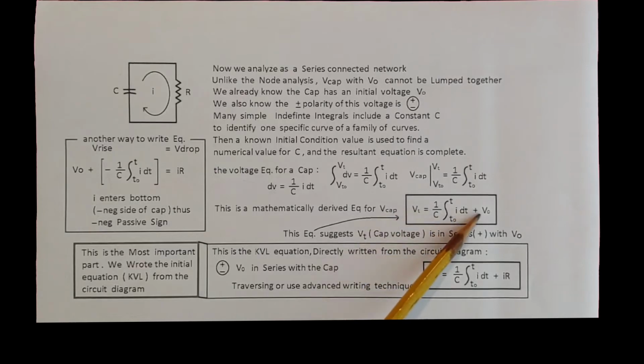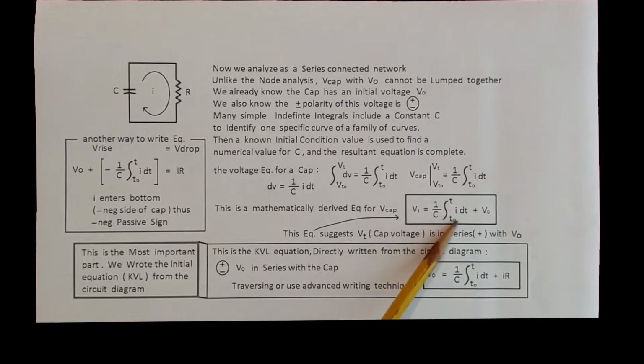We can move V(t0) to the other side, so it's going to be plus over here. This integral we leave alone. We don't have an explicit function for I. It's a function of time, but we don't know what it is, so we can't evaluate this integral at all. But this one we can, and we see that this is the full voltage definition of the capacitor.